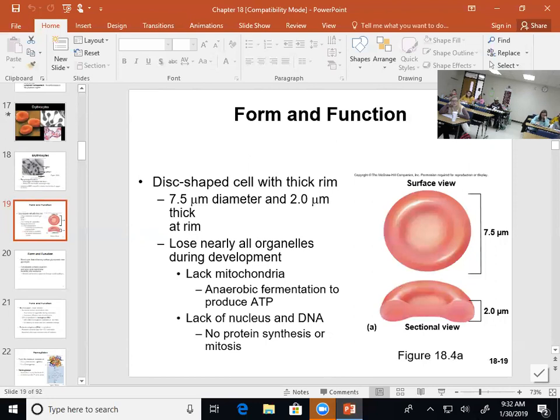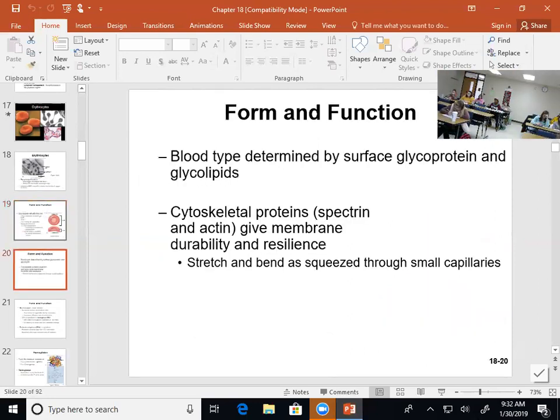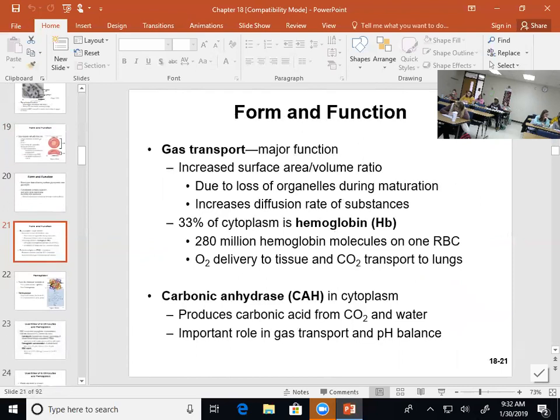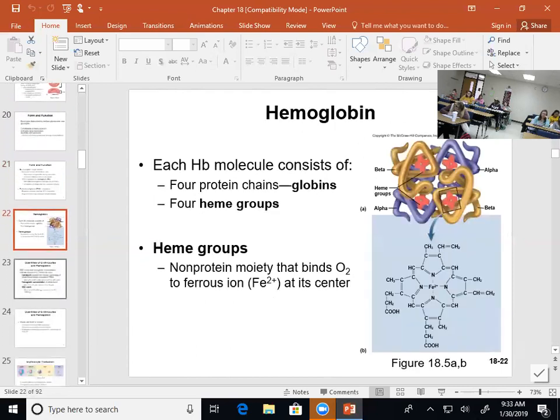So every time you breathe out, you're breathing out what? End products from aerobic respiration. Water and CO2. You are. Every time you breathe out, you're breathing out CO2 and water. Okay? So great. And so their function is this gas transport.